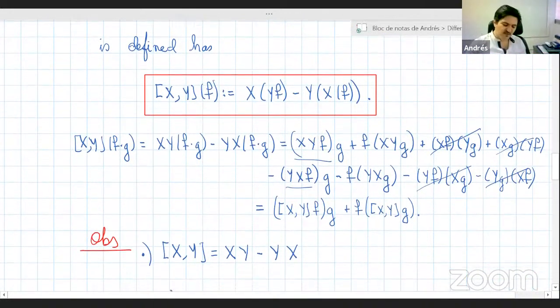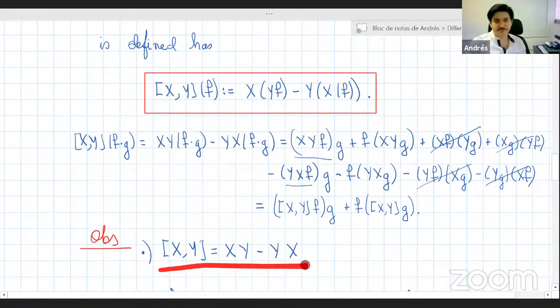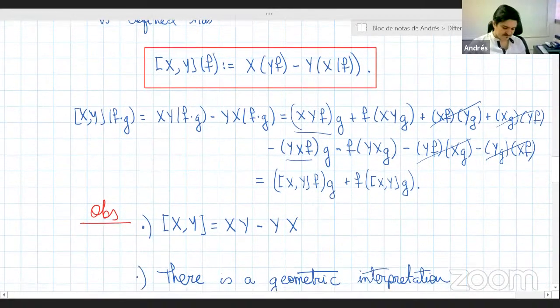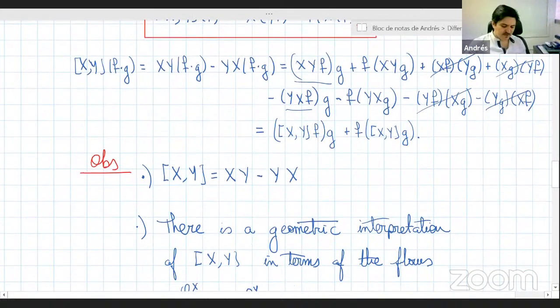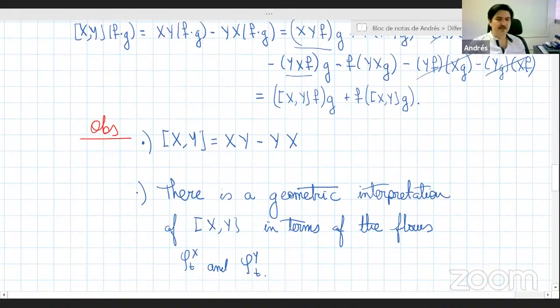Sometimes in notation, we will just write it like this, okay? So it should be a familiar object to you from the algebra point of view, like the commutator of X and Y. Now, there is also a geometric interpretation of the Lie bracket.